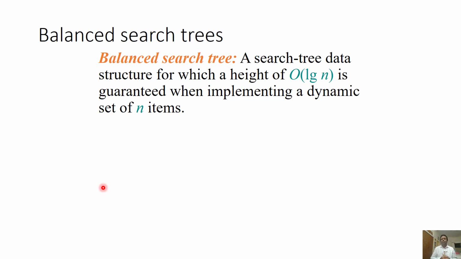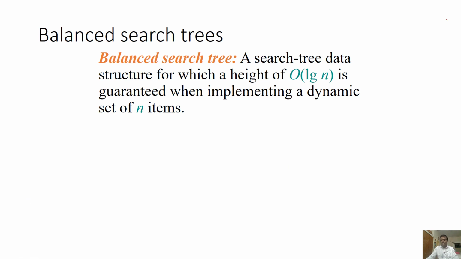Now my question is, why are we so interested in having a balanced tree? What is the advantage of having a balanced tree? The search query. Say we have huge data, some records, say student records, and each record is associated with many fields. Among these fields, one field is, say, the key field.